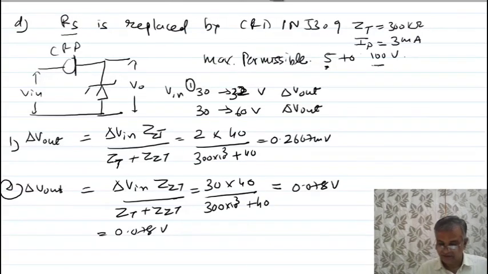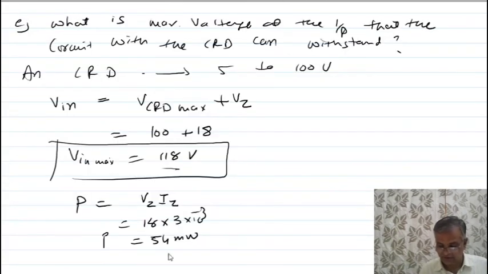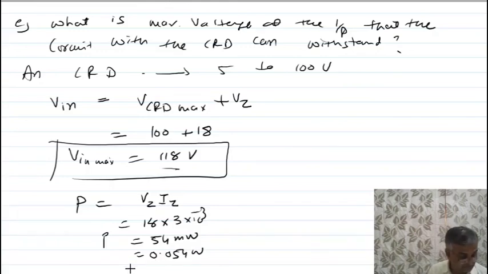Here only 54 milliwatt, or 0.054 watt, is required if you want to compare with the previous one. So you can say this is much better than this, right? Here is the end of today's lecture.